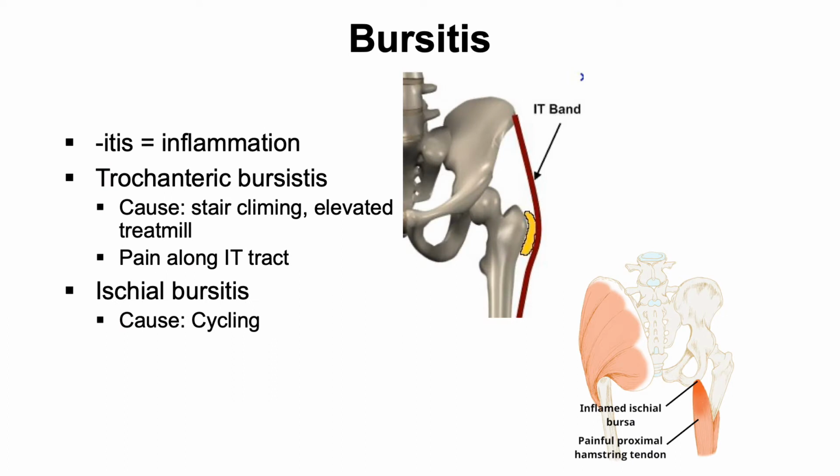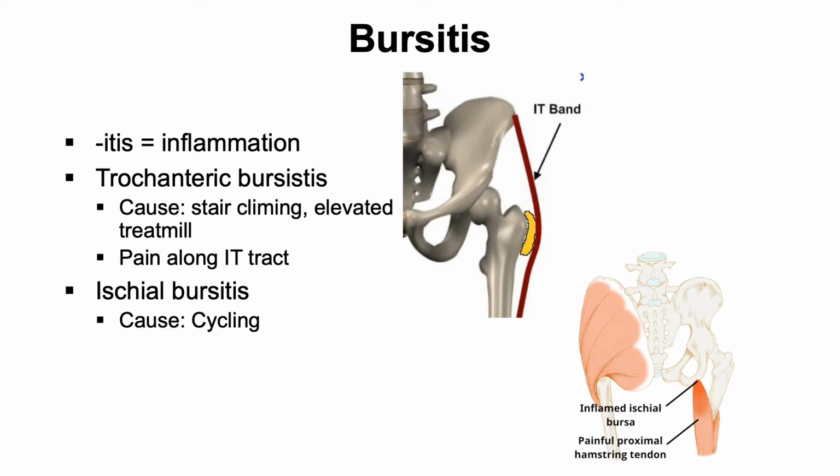Now, like anything, these bursa can become inflamed with something called bursitis. Anytime you see the ending itis, it usually means inflammation. One of the more common ones is trochanteric bursitis, right over that greater trochanter of the femur, because one of our long tendinous bands, the IT band, rubs right over this greater trochanter.